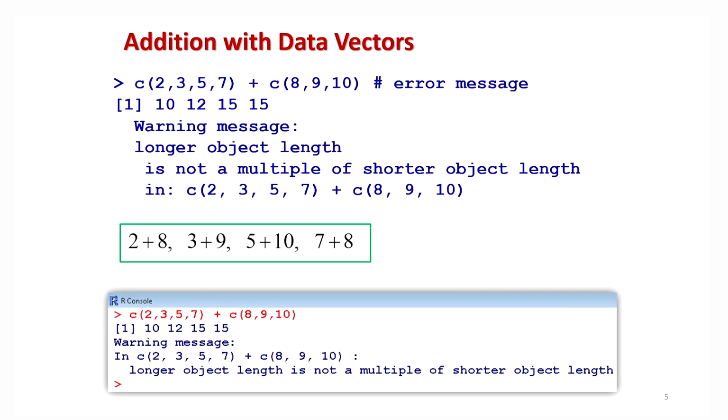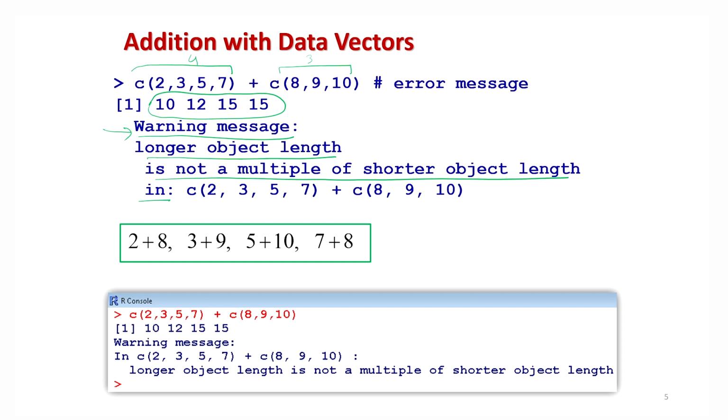Now let me give you an example where the number of elements in the two data vectors are not in the format of an exact multiple. For example, you can see here this first data vector has 4 elements, and the second data vector has 3 elements. In this case, the outcome comes out to be 10, 12, 15, 15, but it always gives you a warning message that the longer object length is not a multiple of the shorter object length, and that is correct.